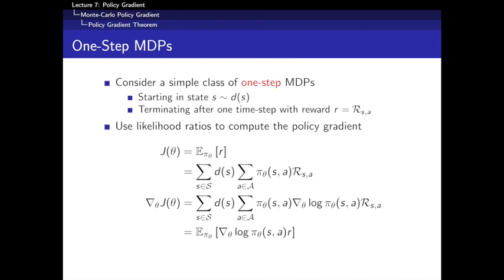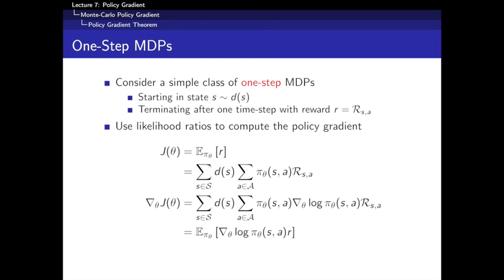The only term which depends on theta is our policy, so we can push the gradient right in to just this term and expand that using the likelihood ratio trick. The gradient becomes the policy multiplied by the gradient of the log policy multiplied by the reward that you get. And so this is, again, now an expectation. That's the whole point of using the likelihood ratio trick.